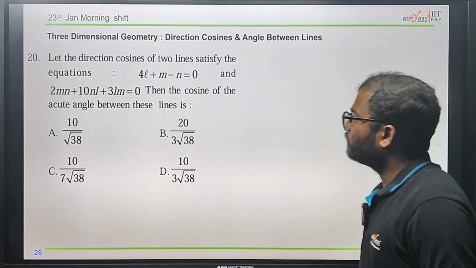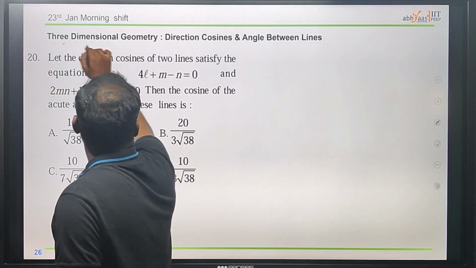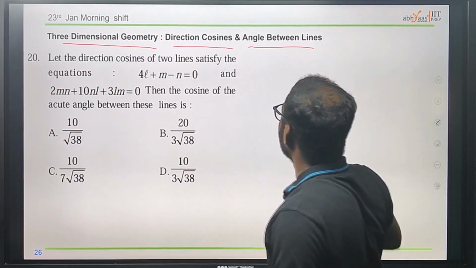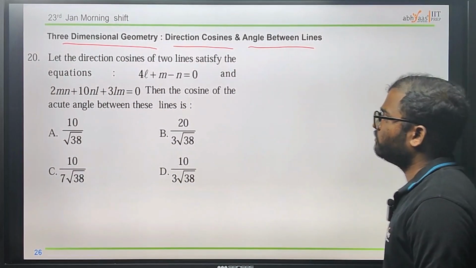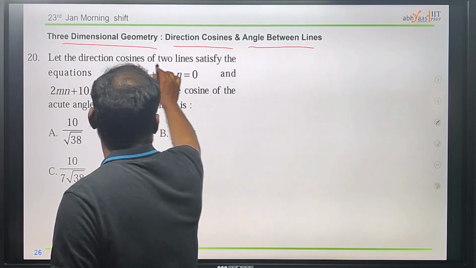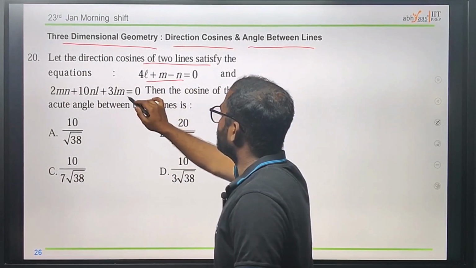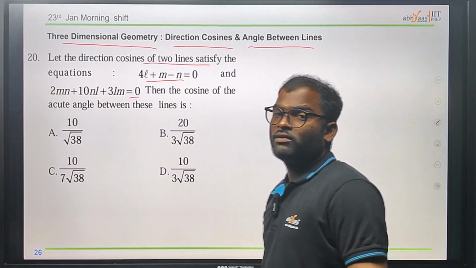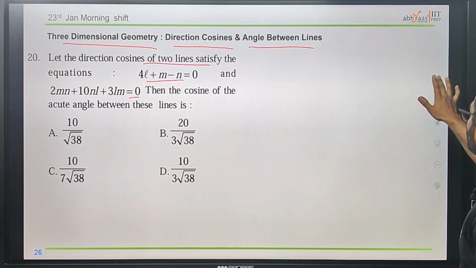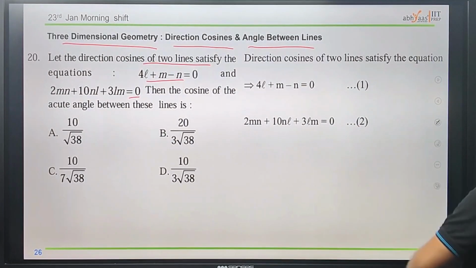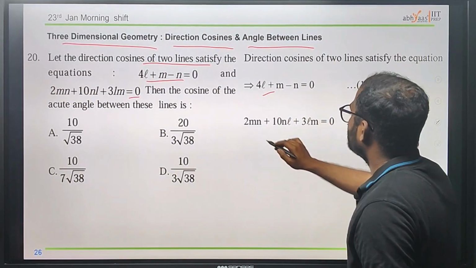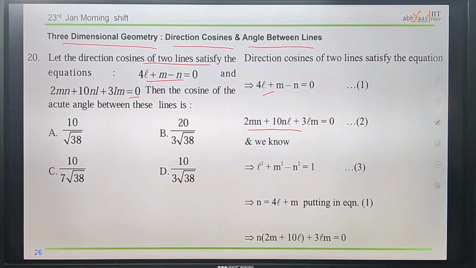Now next, we have three-dimensional geometry, direction questions and the angle between lines. Using that, we can easily solve it. The direction ratios of two lines satisfy this equation and this one. Then what is the cosine of the acute angle? Using the two lines they gave, which is 4l plus m minus n, and this one, they are the two equations.